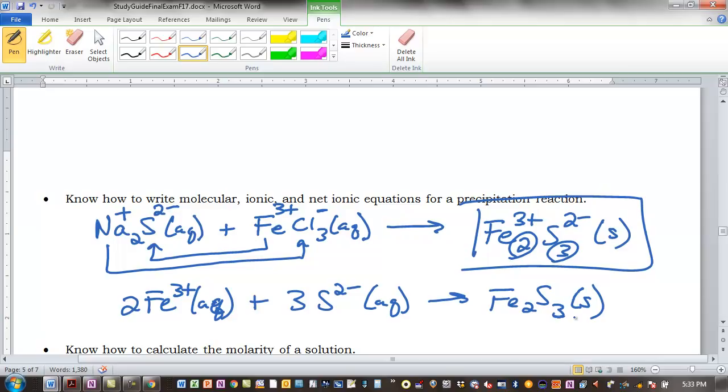If you want, you could write out the entire molecular equation, balance it, do the whole bit, but for net ionic, once you know what your precipitate is, the net ionic is the formation of that precipitate. Subscript 2, 2 iron ions, subscript 3, 3 sulfide ions forming that solid. Okay?